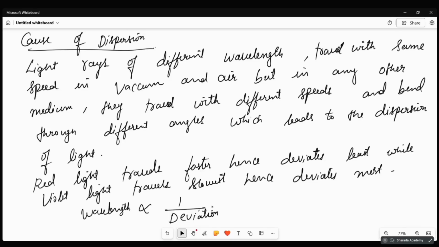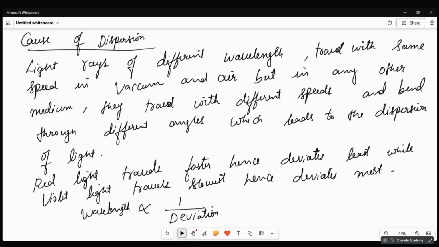And also, if you observe here, red light travels faster. In air or vacuum, light travels very fast, correct? When compared to any other medium. So if it goes into any other medium, red light travels faster there. So the change in velocity is less, correct? When the change in velocity is less, that difference is less, then deviation is less, that we studied during refraction. Do you people remember?